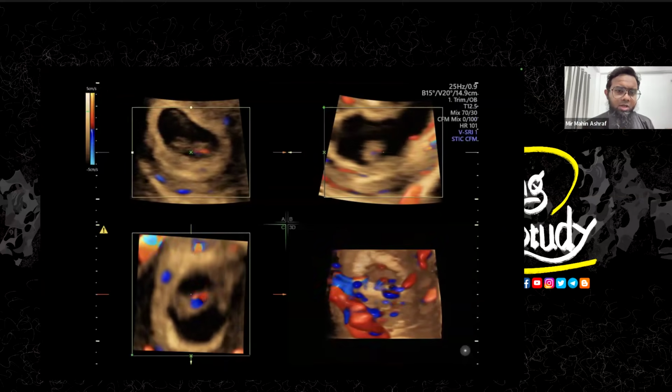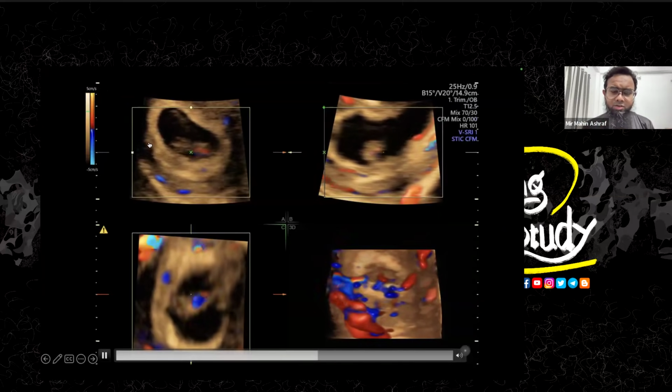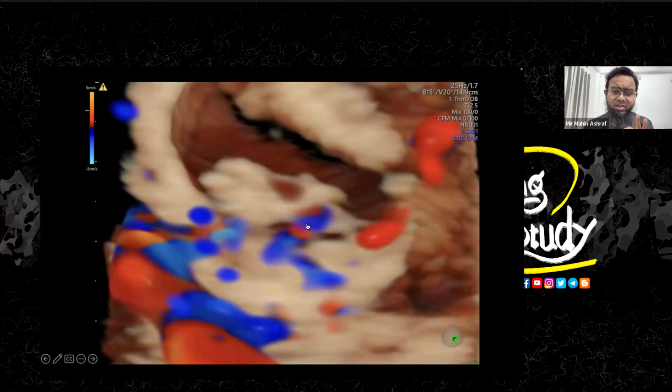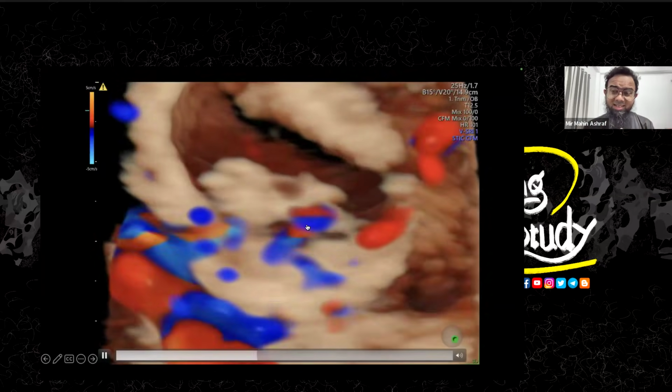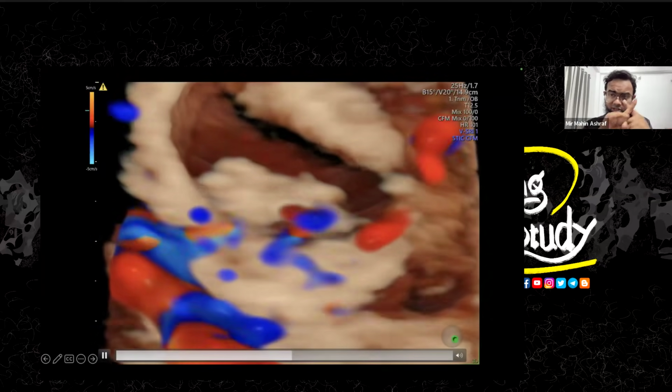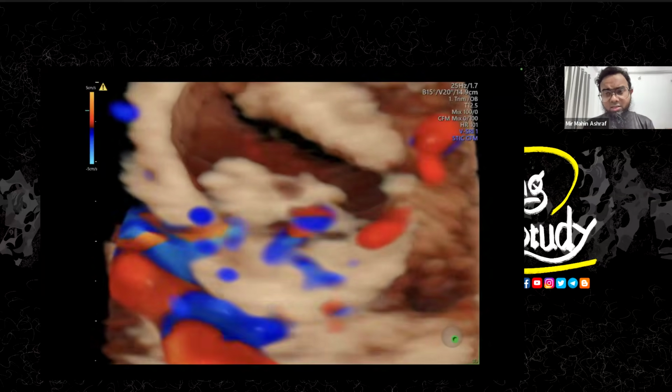We'll talk about that. So here you can see we have put color Doppler and 3D, and you can see the vascularity of the embryo, and we can assess early congenital abnormalities, especially cardiac abnormalities, at least transposition of great vessels and so many other things with our machines, and machine manufacturers are going for that.